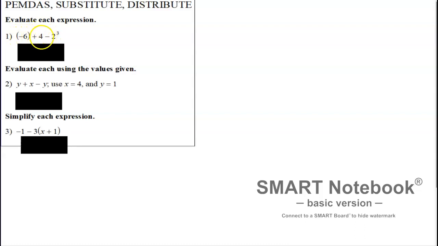Parentheses, -6 plus 4 minus 2 cubed. You guys would use PEMDAS right here immediately, so let's do that. Okay, parentheses first, nothing, then exponent.